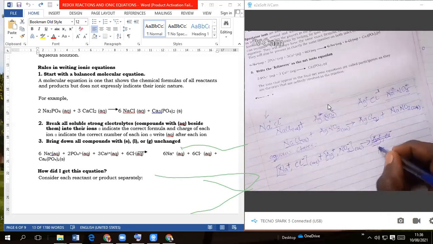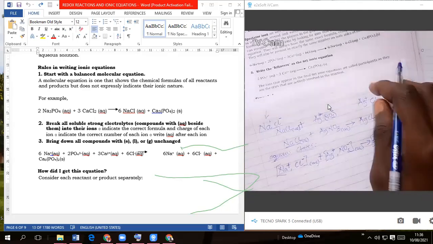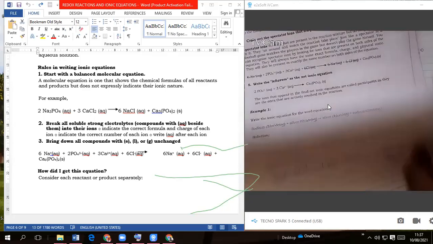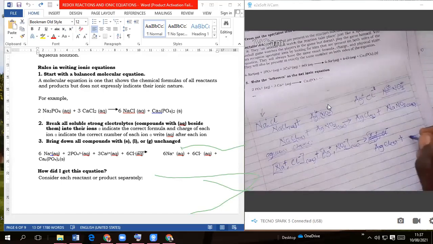So we shall just write silver chloride as that, a solid, plus sodium nitrate. Sodium nitrate is going to dissociate into ions as sodium ion and then nitrate ion.